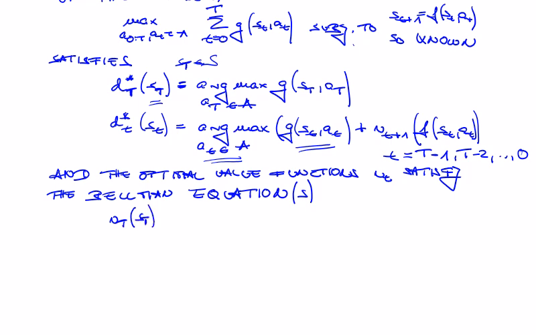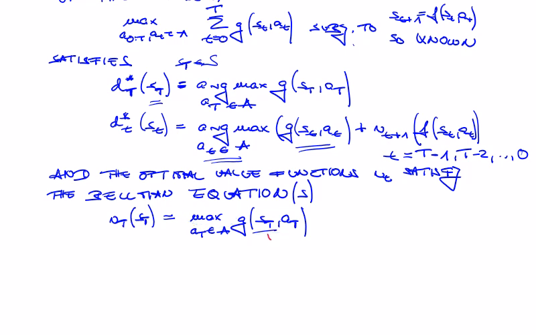Vt, so at the last time point, this is the maximum over actions of the reward function. So it's very important that you note the difference between argmax and max. The argmax gives you the argument that maximizes the function. So in this case, because you're maximizing with respect to actions, it gives you an action. The max gives you the value of the function at the location of the optimal action. So here you get a value of the reward function evaluated at st and the optimal action. So that's different.